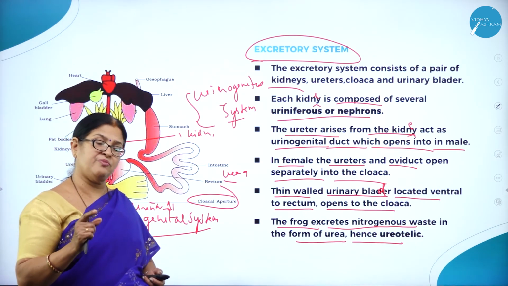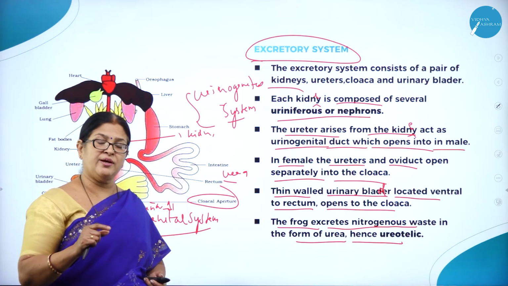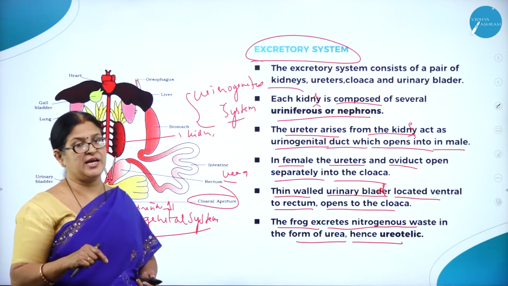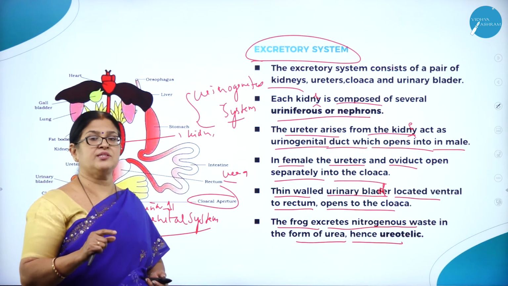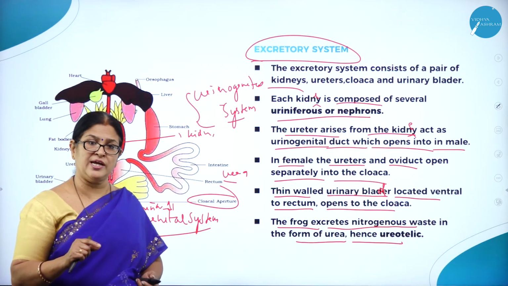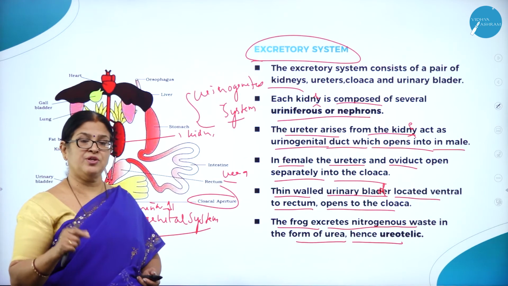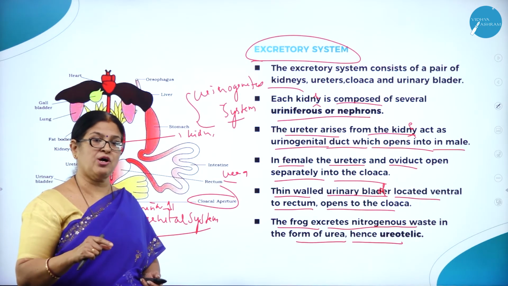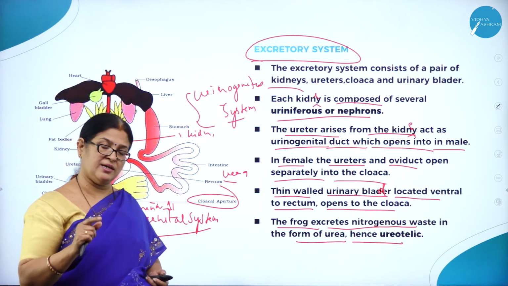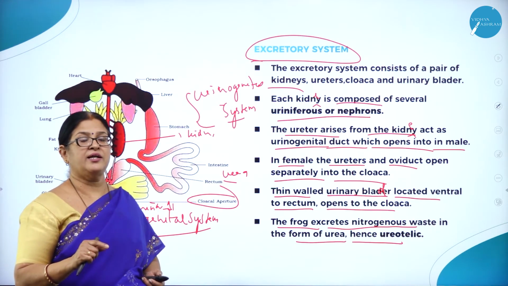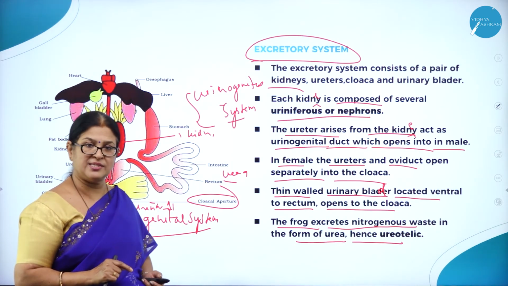If it is uric acid, it is uricotelic. If it is ammonia, it is ammonotelic. Ammonia is highly toxic, uric acid is least toxic, and urea is less toxic.